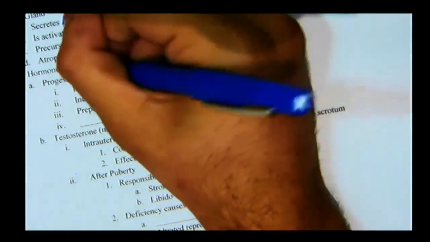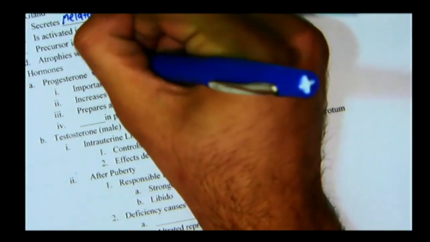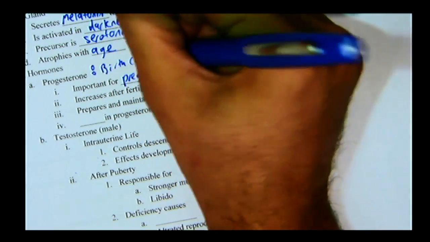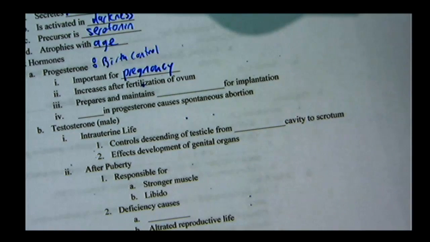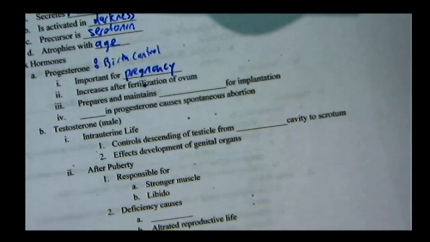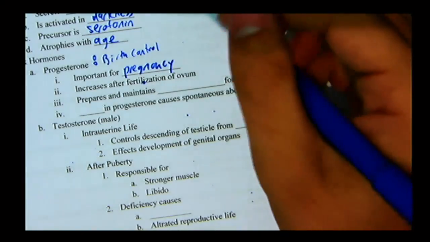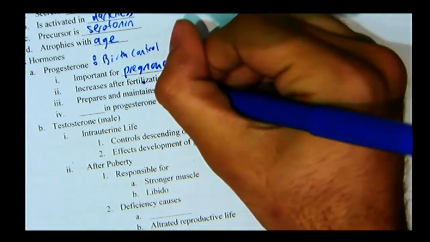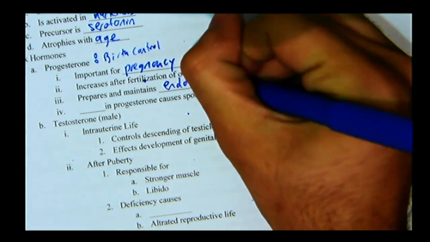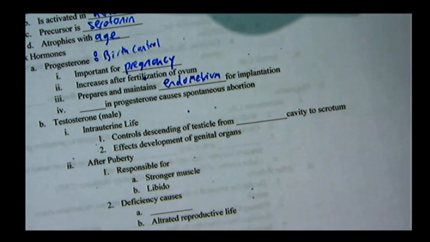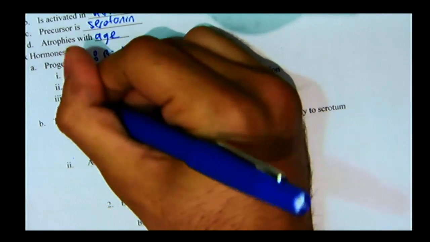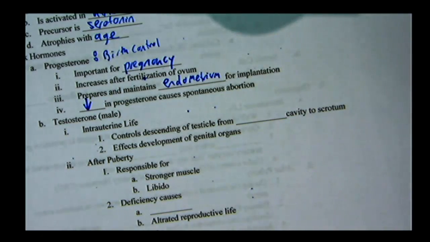It increases after fertilization of the ovum. It prepares and maintains what for implantation? Endometrium. Great. Something in progesterone causes spontaneous abortion. Decrease. So if progesterone decreases randomly, that's when you're going to have an abortion, because the baby can't be implanted, so it just gets lost.